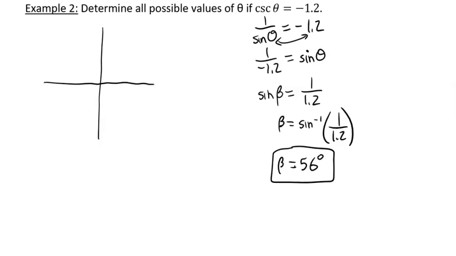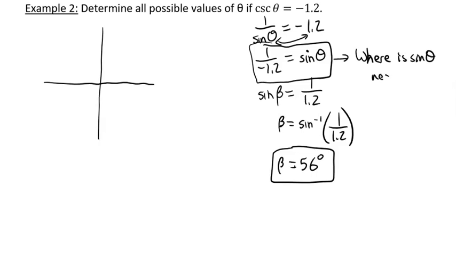that means that I have to consider not the first quadrant, because that's the related acute angle. I need to go back to this. Well, where is sine negative? That's what I'm asking. What quadrants is sine theta negative? Well, we know based on the CAST rule, C-A-S-T, that sine is positive in quadrants 1 and 2.